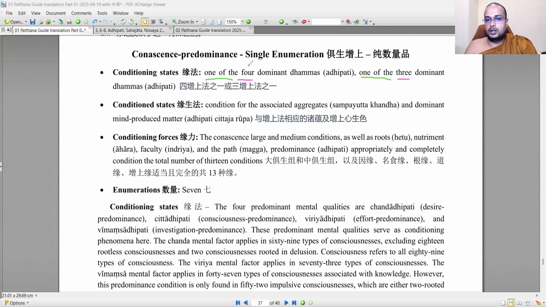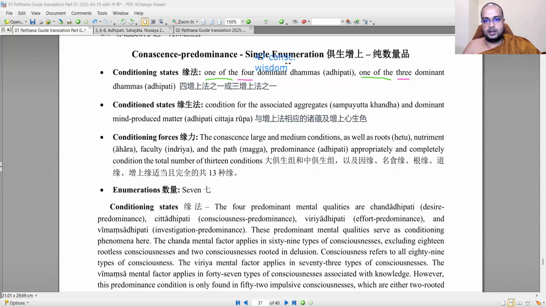And also, the four dominant Adhipati dhammas are applicable for the wholesome and the resultant consciousness, especially the 47 types of consciousness associated with wisdom, right? So in general, we would say it is applicable wherever there is wholesome consciousness.